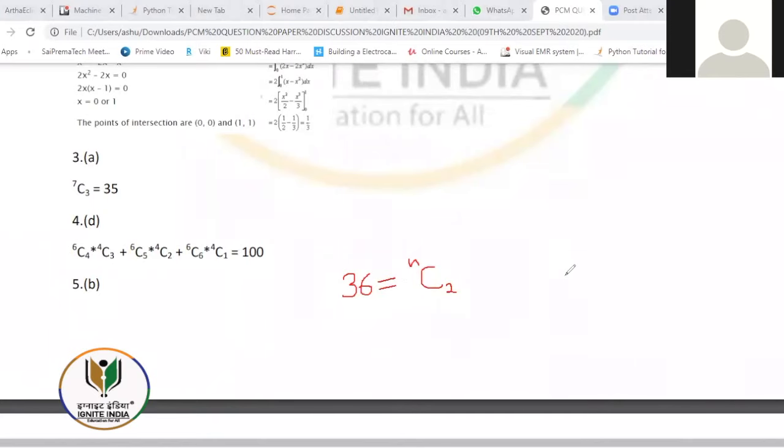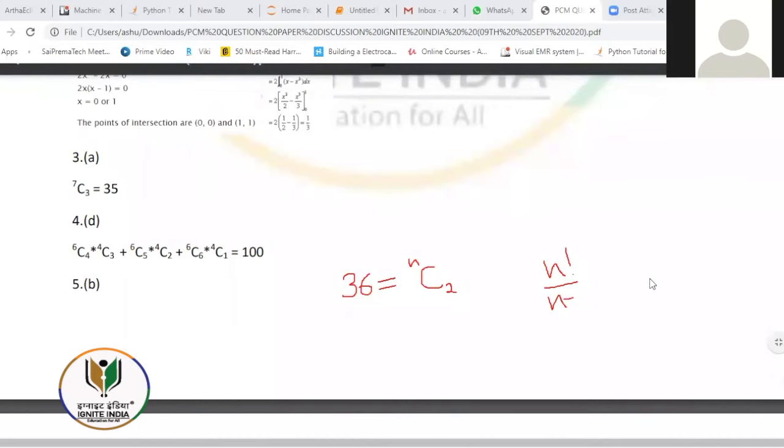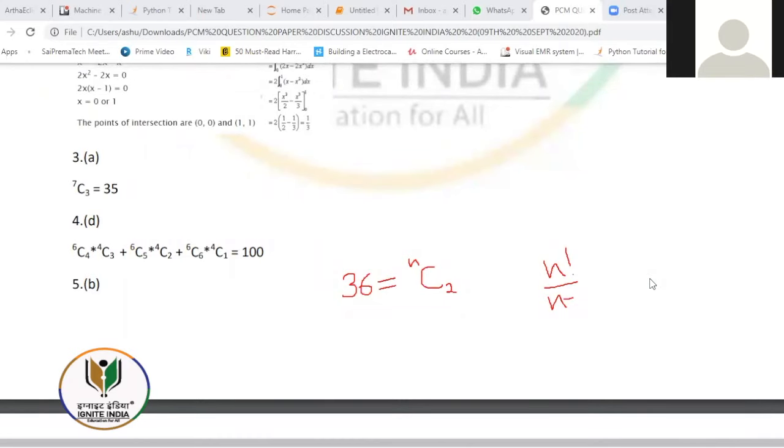We'll get n factorial upon n minus 2 factorial into 2 factorial.